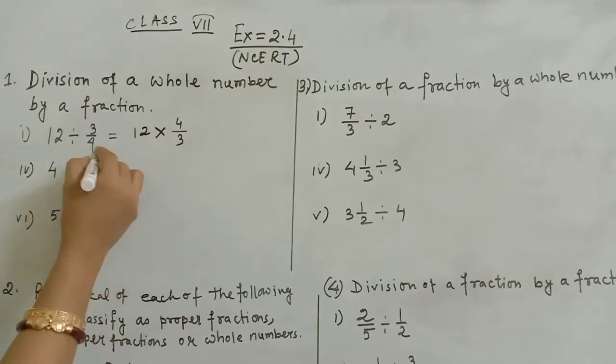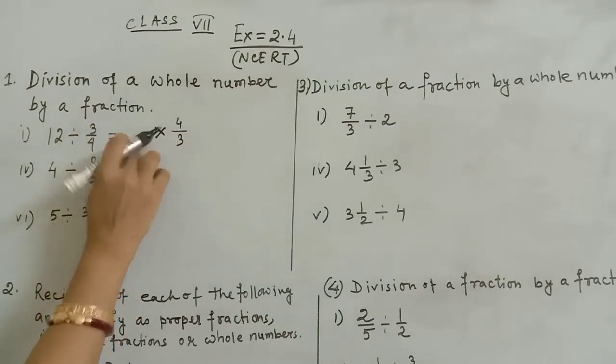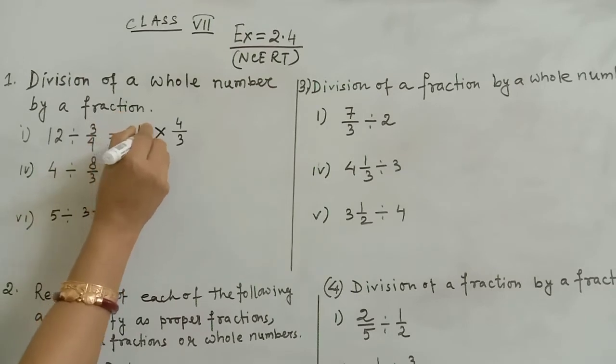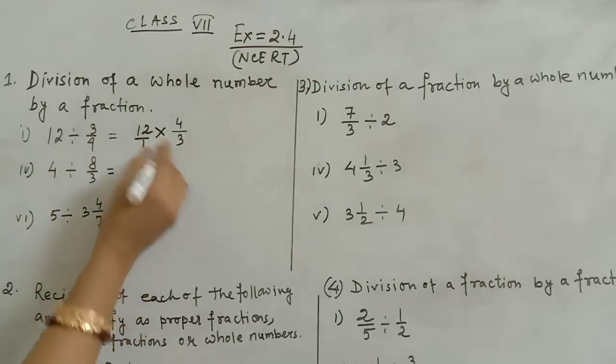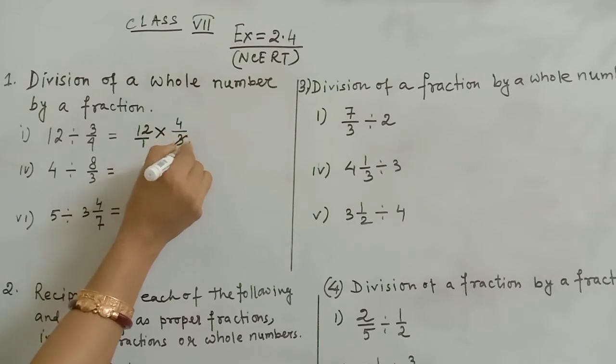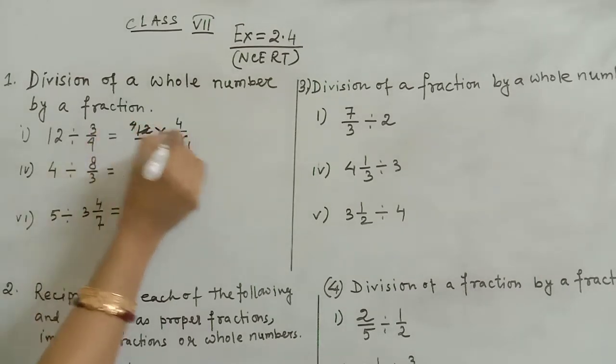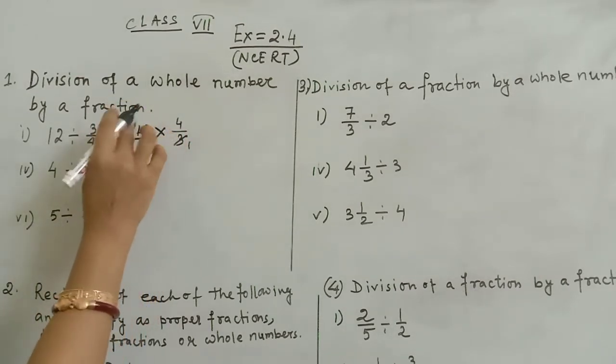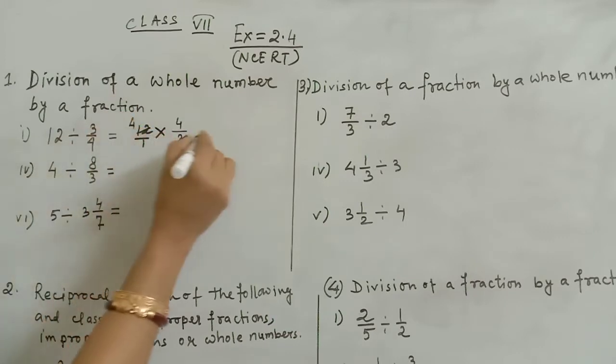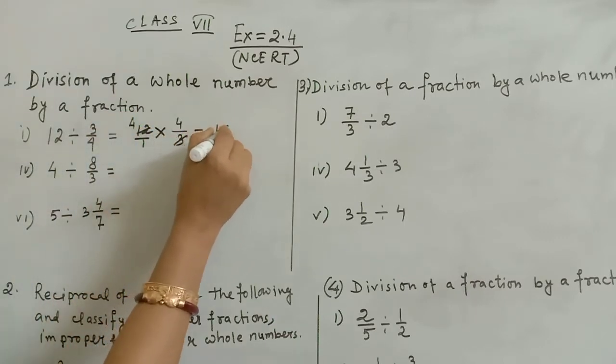That means the numerator becomes the denominator and the denominator becomes the numerator. And as it is 12, actually it is 12 by 1. If it is possible to cancel, you can cancel: 3 1s are 3, 3 4s are 12. So the result is 4 into 4, 16.